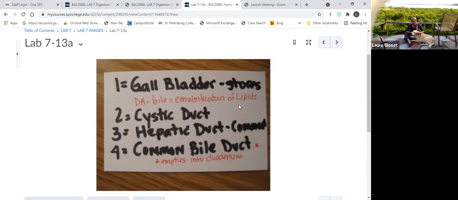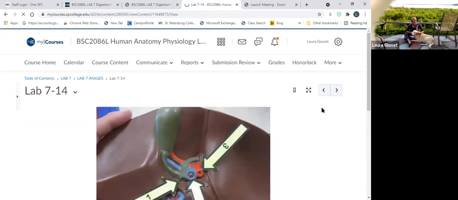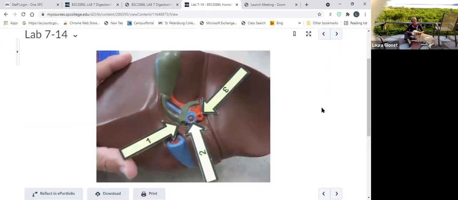And that helps accelerate the digestive process of lipids. Cystic duct, the common hepatic duct, and then the common bile duct, all for passage of bile. Remember, also in bile are portions of the worn out red blood cells, that conjugated bilirubin.